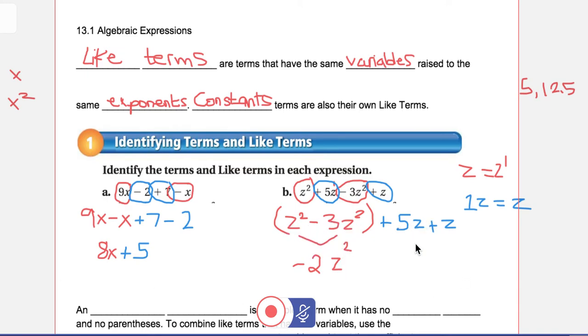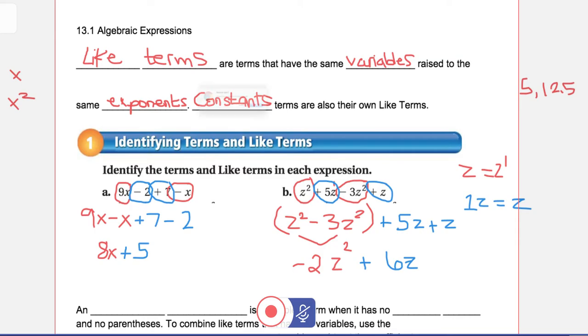And then I want to simplify this. If I have 5z's and I add on a z, that's a positive. I now have 6z's. So for part b, the red are my like terms, the blue are my like terms, and then we went one step further and we actually simplified it together.